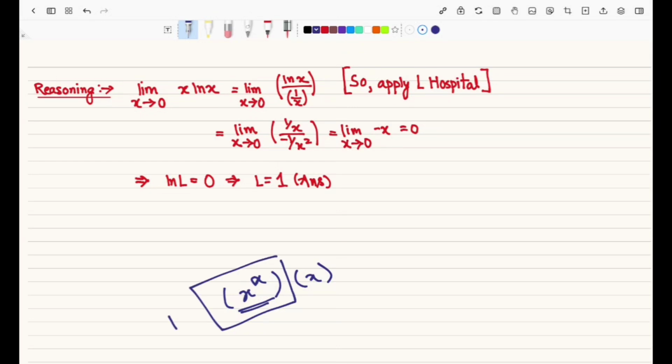When we take the ln of this expression, x comes outside and it becomes x ln x.